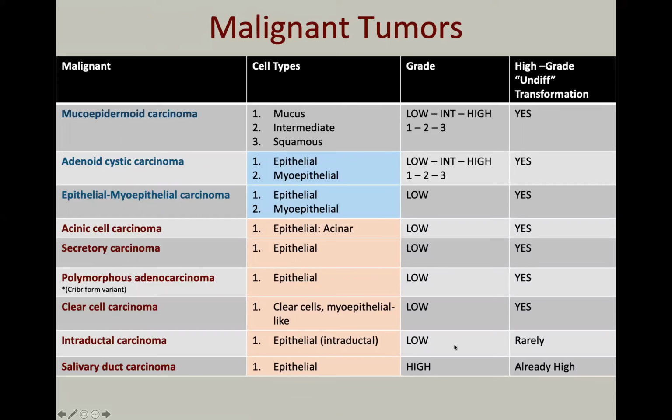Most of them are low, but can have a high grade or dedifferentiated or transformed counterpart. Salivary duct by default is high grade, so there is no sort of low grade counterpart of salivary duct. Intraductal carcinoma and salivary duct carcinoma are not the same, and we will see what those look like shortly.